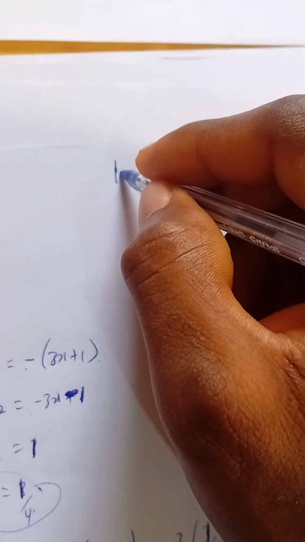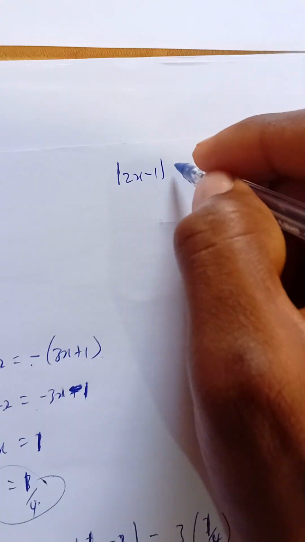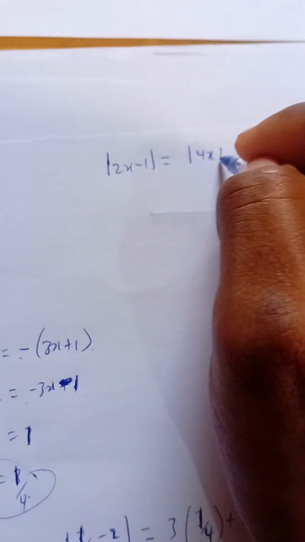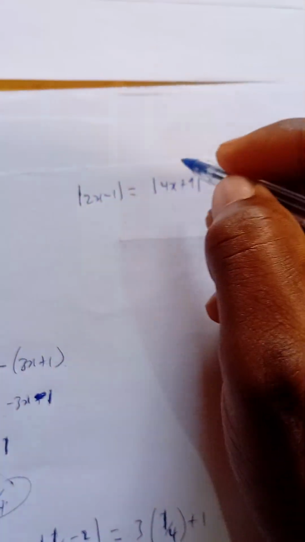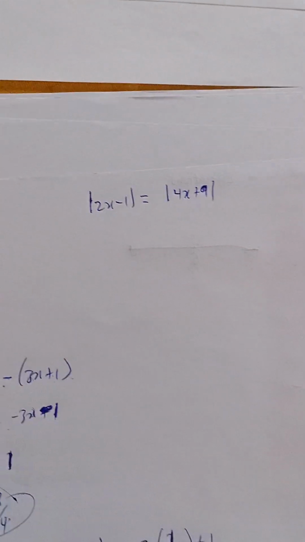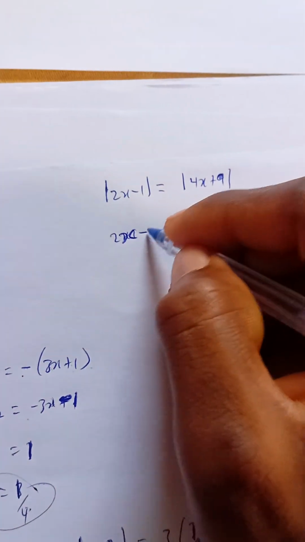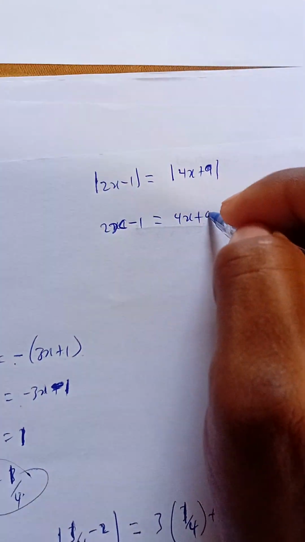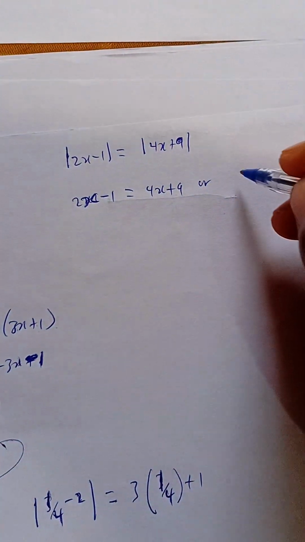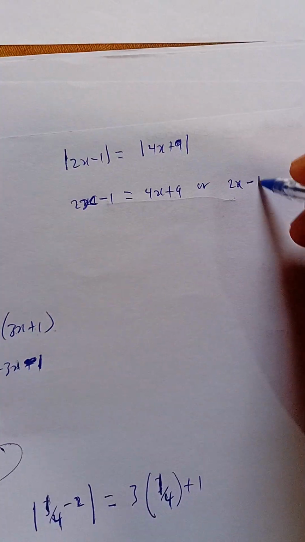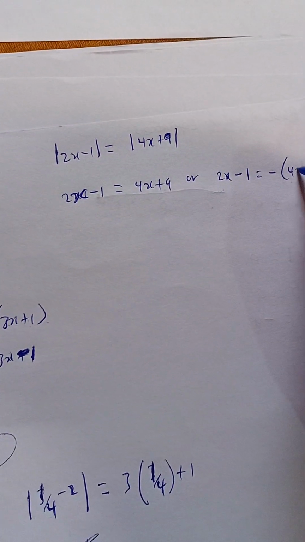What if you saw something like this? Absolute value of 2x minus 1 equals absolute value of 4x plus 9. You do the same thing. So 2x minus 1 equals 4x plus 9, or 2x minus 1 equals negative 4x plus 9.